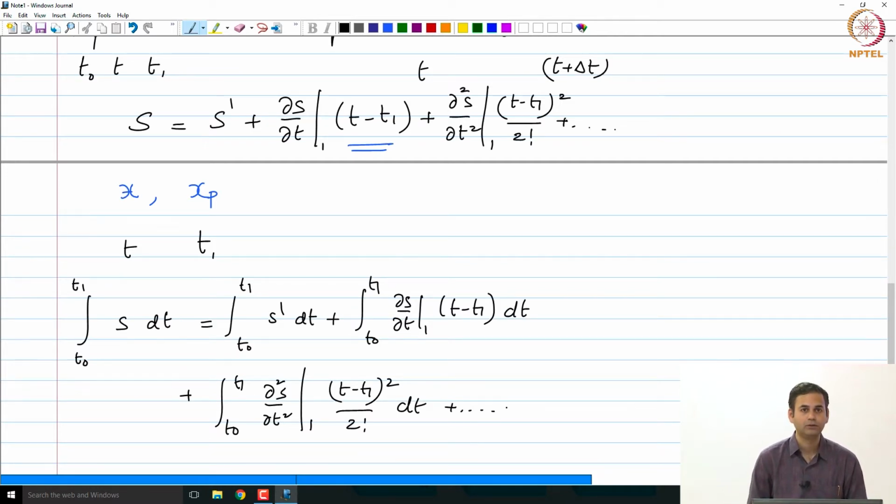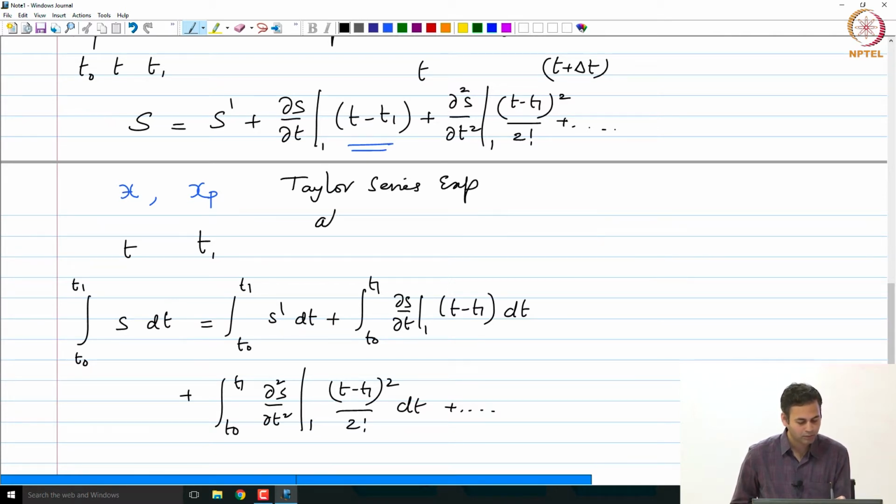Whatever the Taylor series expansion we have here, we have integrated over the time step.